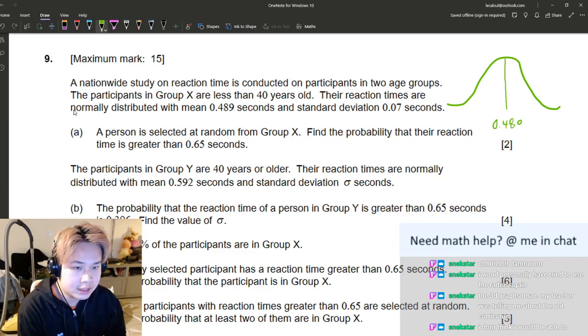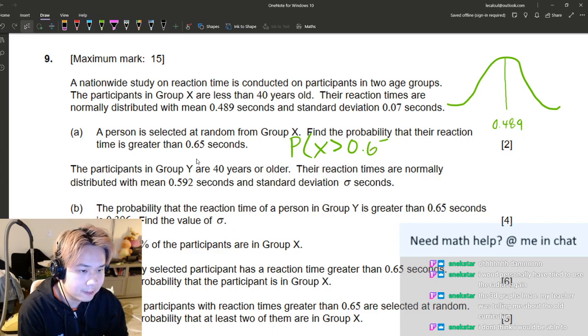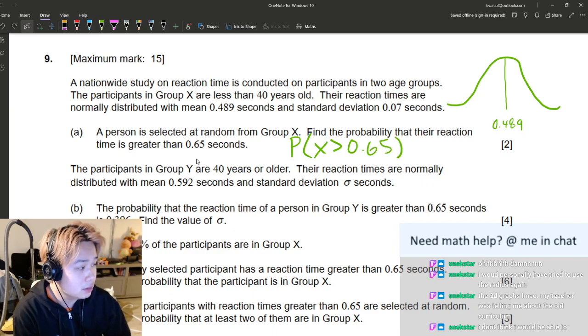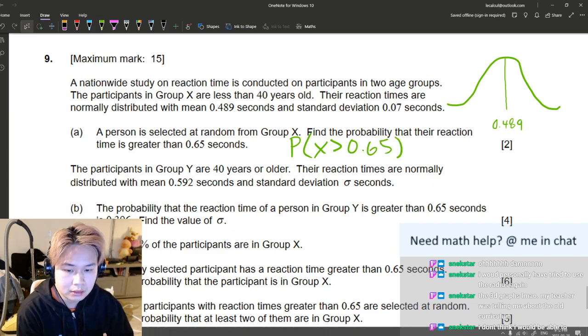So the average reaction time is 0.49, and then there's a standard deviation of 0.7 seconds. Okay, and then we randomly select someone, find the probability that their reaction time is greater than 0.65. So this is easy enough to do. We just put into a calculator.